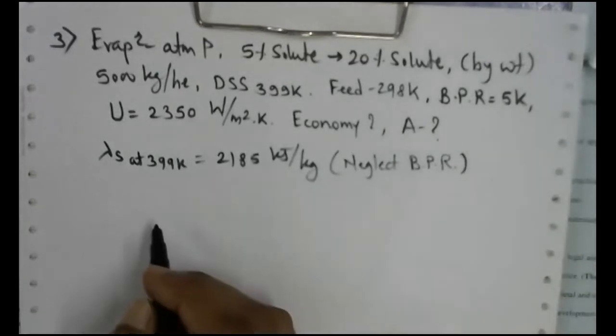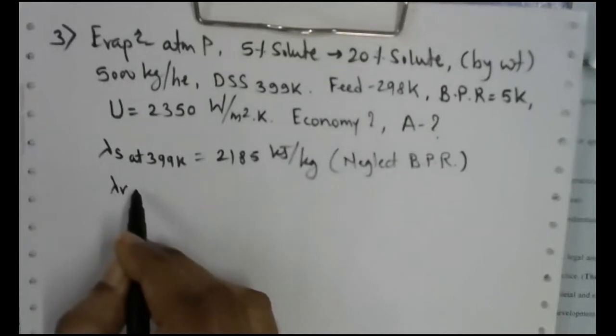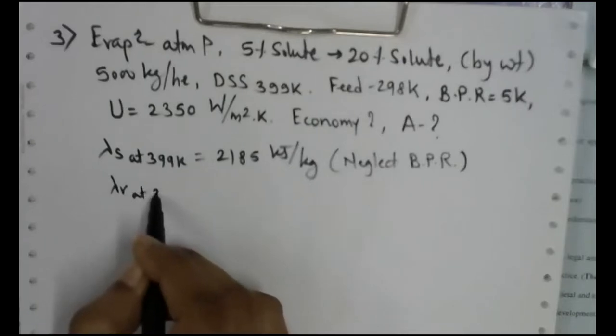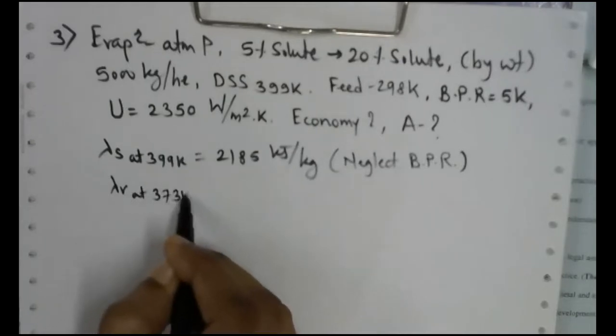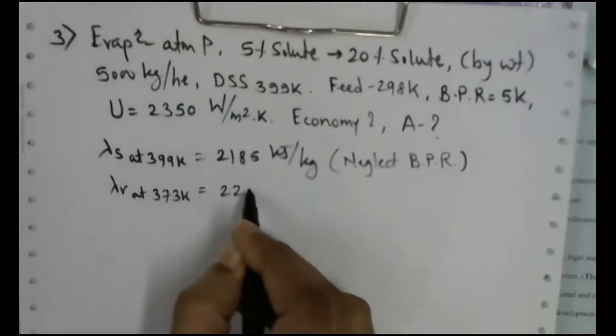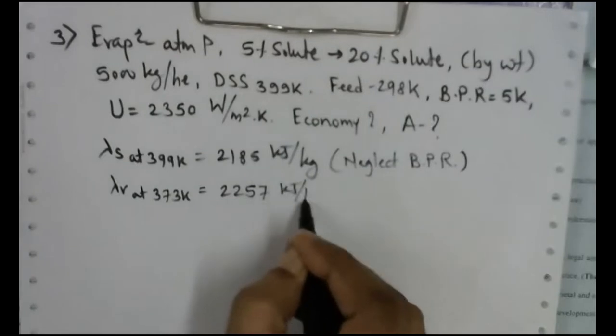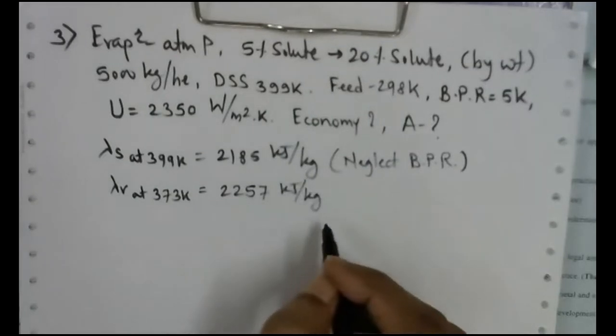Then the latent heat of vaporization of water is given at 373 Kelvin, 2257 kilojoules per kg.